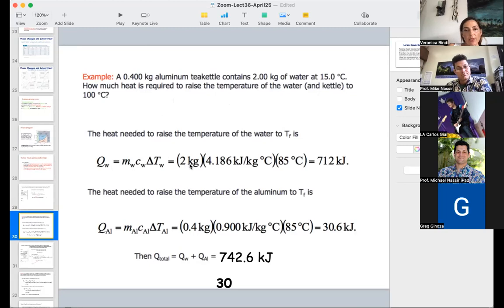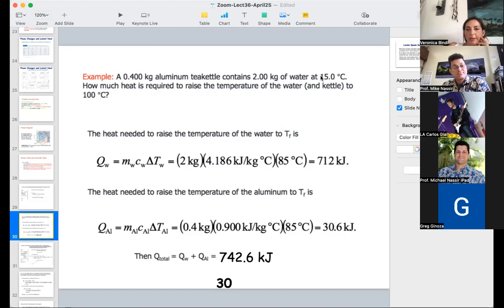And so we have 2 kilograms of water. 4,186 is the specific heat of water. 85 degrees because the water was 15 and now it needs to get to 100.